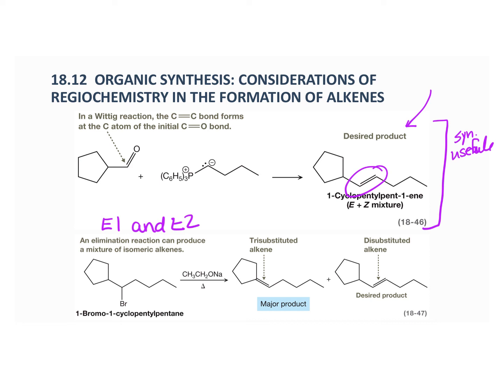So it's important for us to know both of these reactions, because in some situations, the E1 and E2 may be better. For example, maybe this is the product you desire and you only have this in your reagent drawer. But that being said, if you get a lot of choice, a Wittig may be a better option, but it's important to know both.